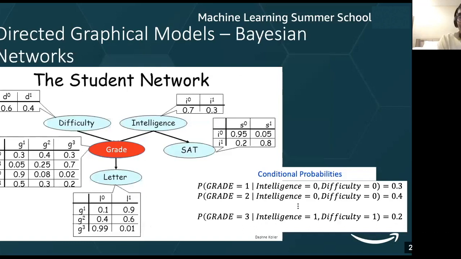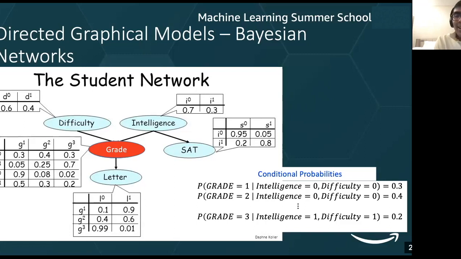So finally, we look at the node associated with the grade, right? Like I had mentioned earlier, the grade has three different levels, 1, 2, and 3, with 1 signifying a good grade, 2 signifying a medium grade, and 3 signifying a poor grade. Now, interestingly, grade depends on both the difficulty as well as the intelligence, right?